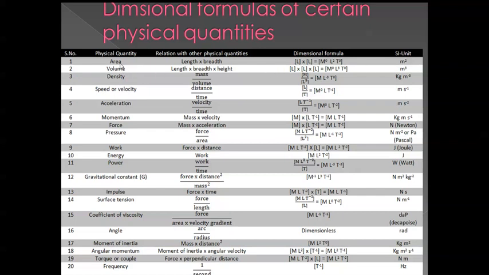See, first one, area equal to length into breadth. So length into length, L square. So M power 0, T power 0.